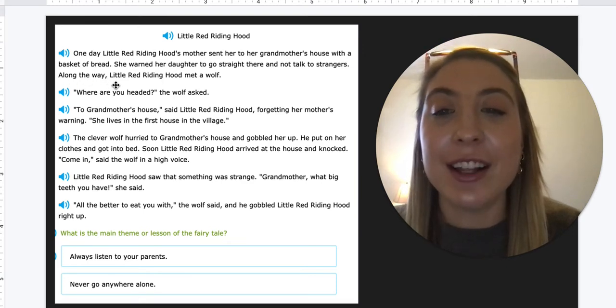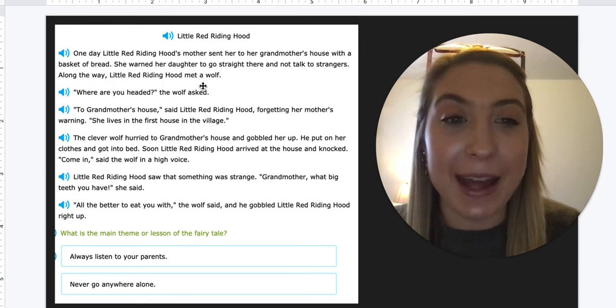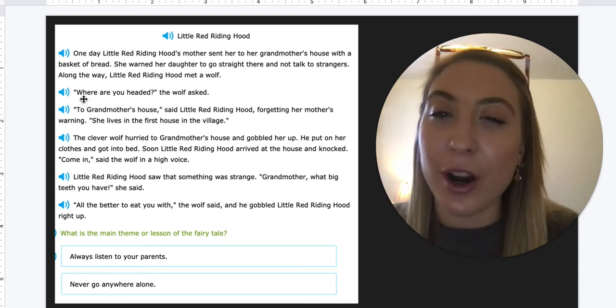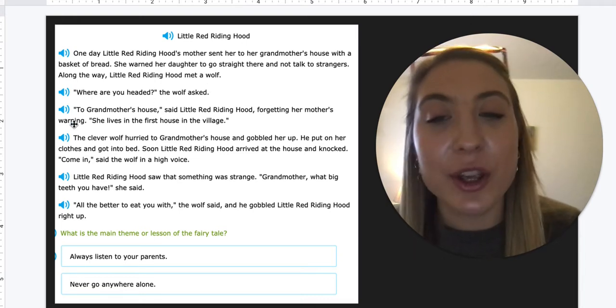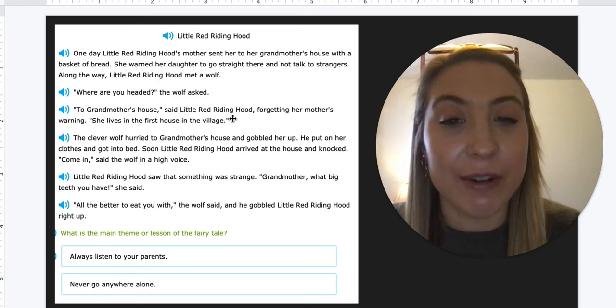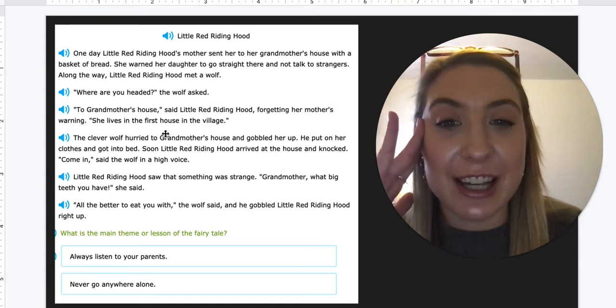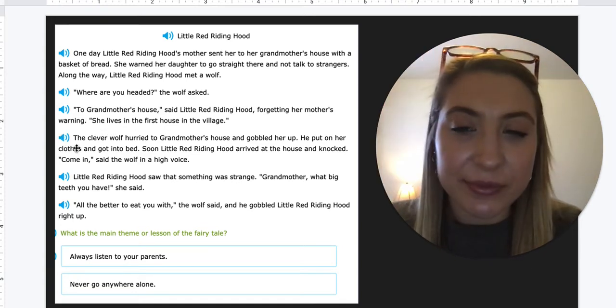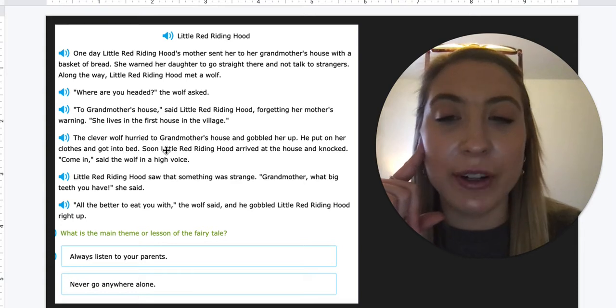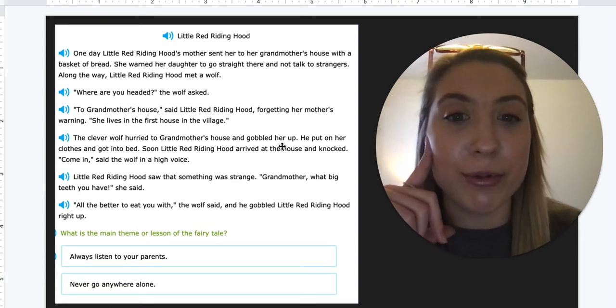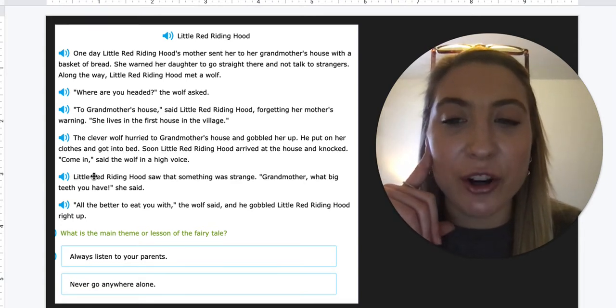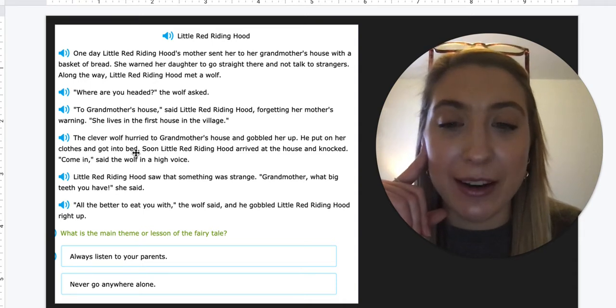Along the way, Little Red Riding Hood met a wolf. "Where are you headed?" the wolf asked. "To grandmother's house," said Little Red Riding Hood. Forgetting her mother's warning, she told him her grandmother lives in the first house in the village. The clever wolf hurried to grandmother's house and gobbled her up. He put on her clothes and got into bed.